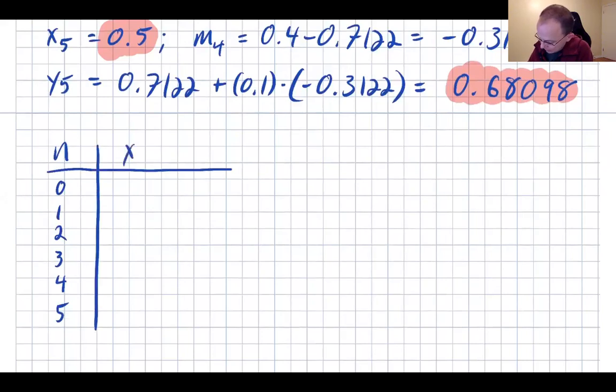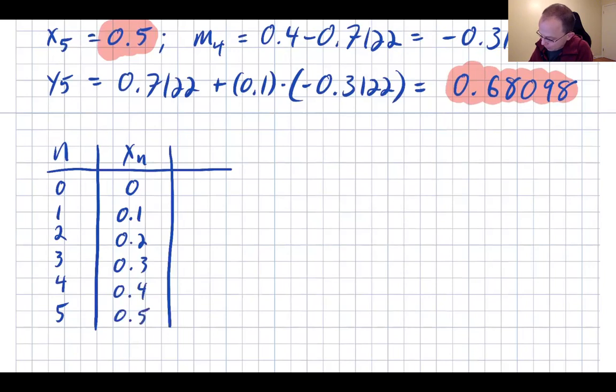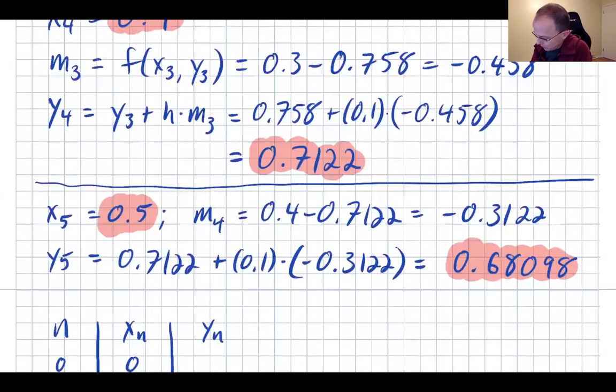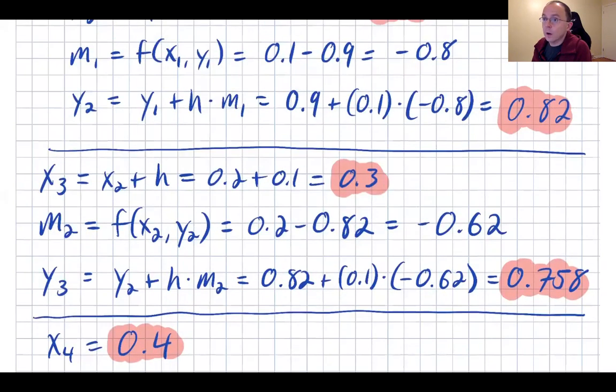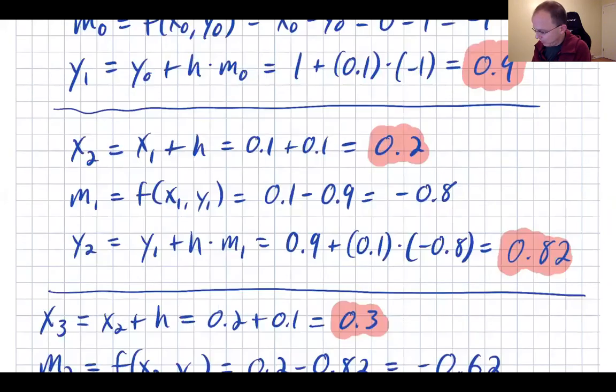We have xn: 0, 0.1, 0.2, 0.3, 0.4, 0.5. We have yn. So this is a little bit trickier. Oh, maybe I can grab it from my screen.